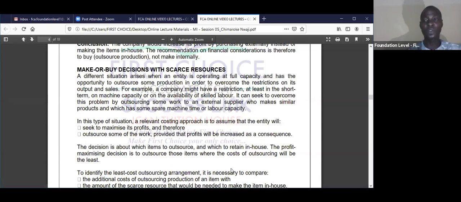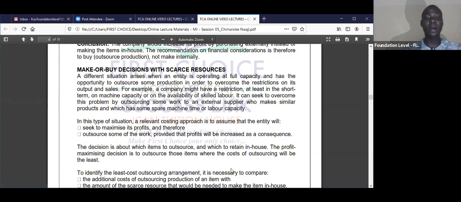So if you are going to outsource the work and you are not going to increase your profit because of outsourcing, then there will be no need for you to outsource. But if you're going to outsource, that means that whatever you are spending will be smaller than what you are getting. Fine. But that doesn't mean that you have to now outsource and spend much more money. So you outsource the one that you spend the least and make the most.